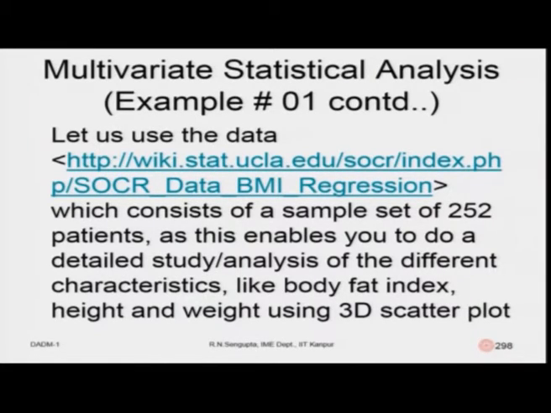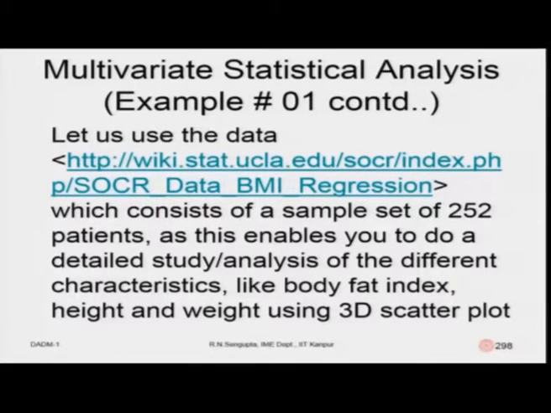Here I am making an interest-building session, where you will understand why I am citing these examples and what their relevance is. The data consists of a sample set of 252 patients, as this enables you, the dietitian, to do a detailed study of different characteristics like body fat index, height and weight using a 3-dimensional scatter plot.